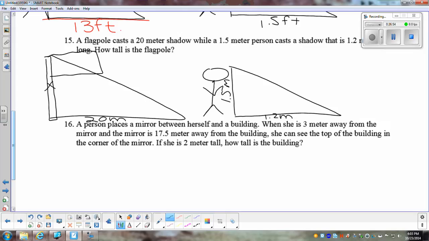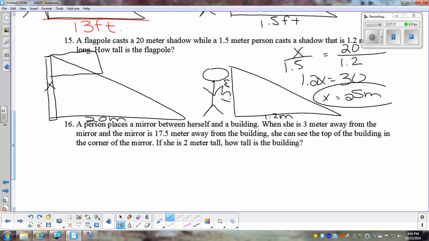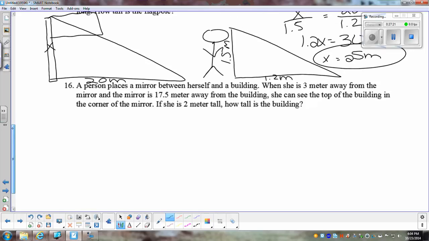I want to find the height of the flagpole. Set my proportion. The height of the flagpole over the height of the person equals the flagpole's shadow over the person's shadow. We cross multiply. 1.2x equals 30. Divide by 1.2. I get x equals 25 meters. So the flagpole is 25 meters tall.